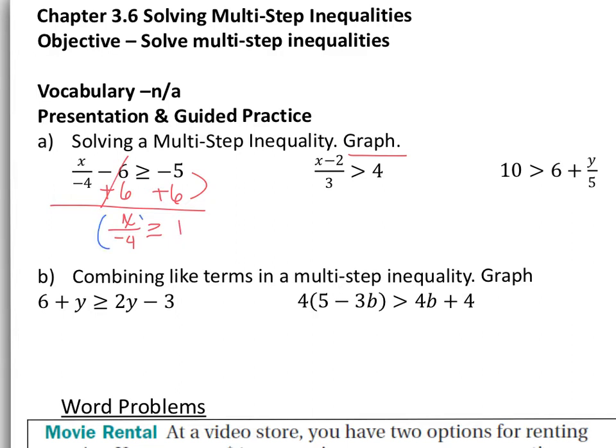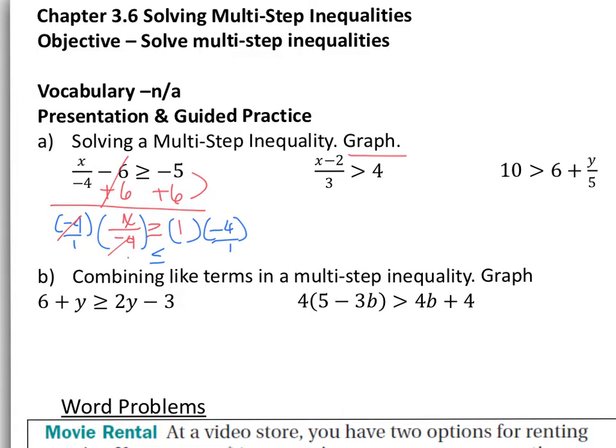Now we're going to have to multiply both sides by the reciprocal of 1 over negative 4, which is negative 4 over 1. Since we're multiplying by a negative number, we need to switch the inequality sign. So I'm going to cancel out negative 4.